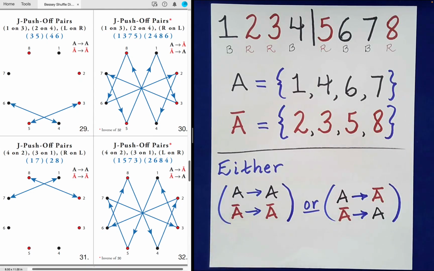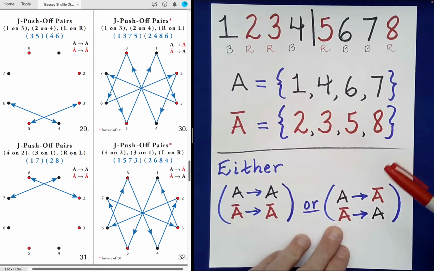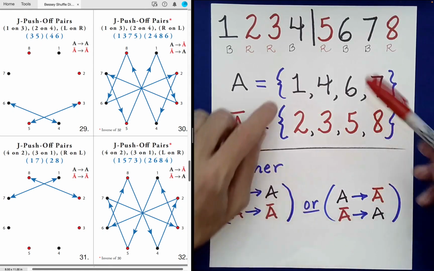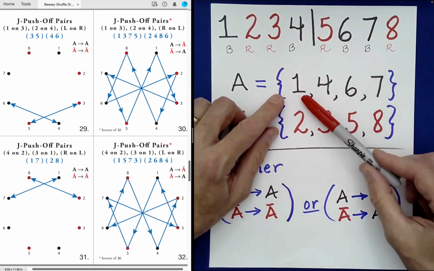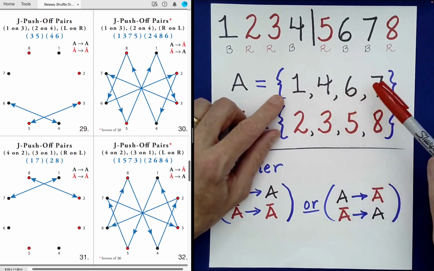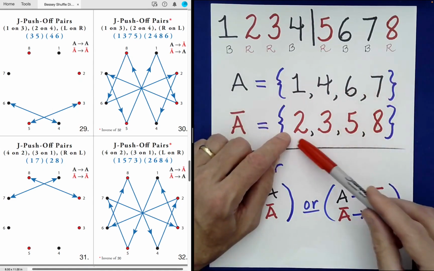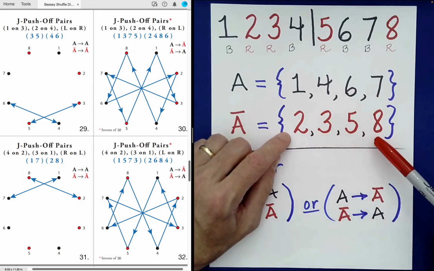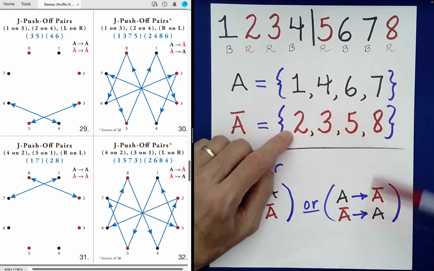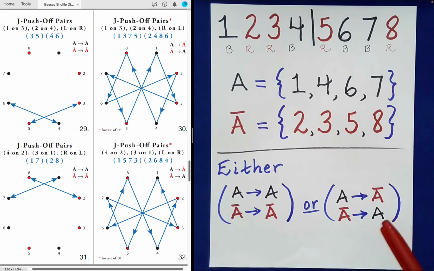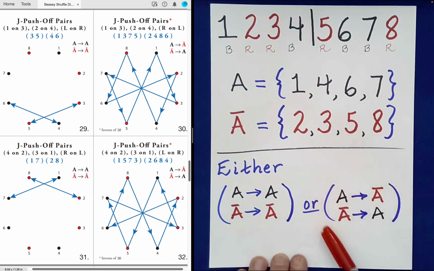On the other hand, inversion occurs if the cards originally in positions 1, 4, 6, 7 get moved to position values 2, 3, 5, 8 in some assignment, and vice versa. When that happens, we say inversion has occurred, and we represent that outcome as follows.